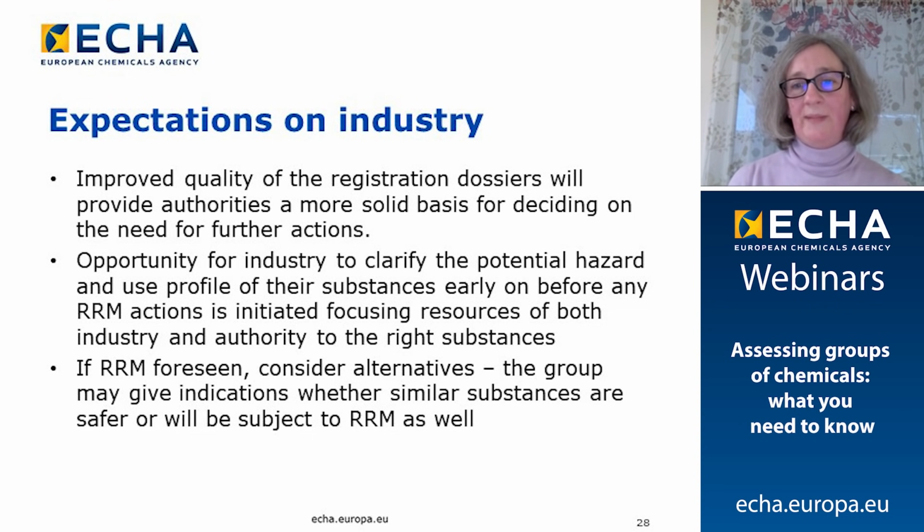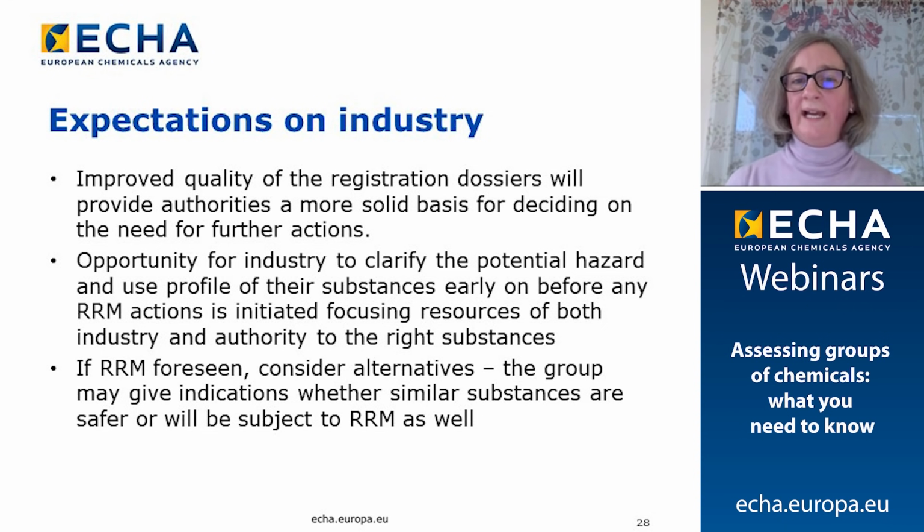Some maybe action that you can take also from your side is that you will see that we foresee some regulatory risk management. As said, sometimes those will be immediate action. In other times, those will be once we have clarity on the hazard. But in any case, it should give you also some incentive to potentially look for alternative in case you have also identified yourself that some of your substances would be hazardous.